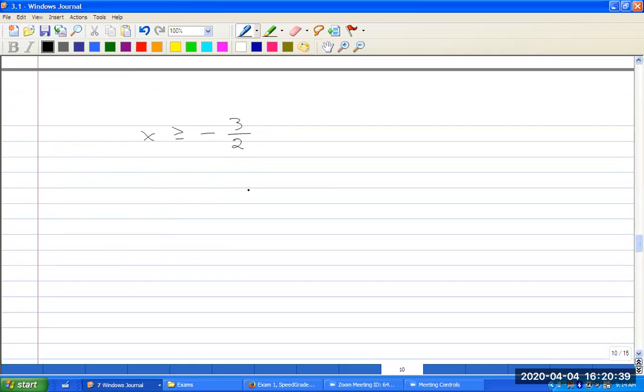And so the domain of my function f is just the set of all x's such that x is greater than or equal to negative 3/2.